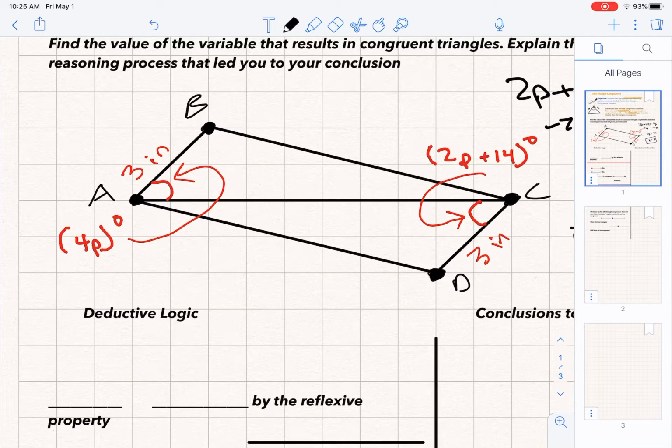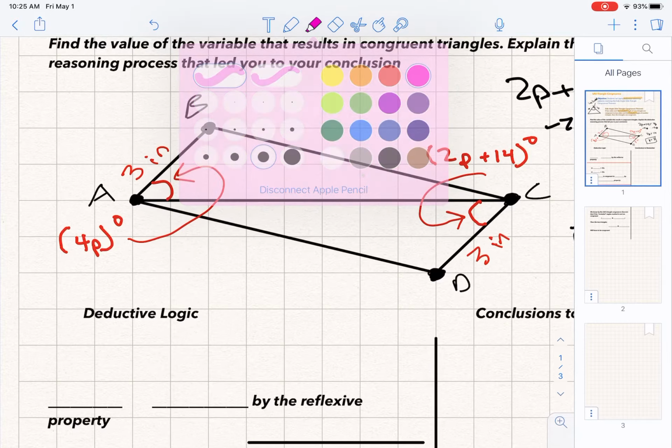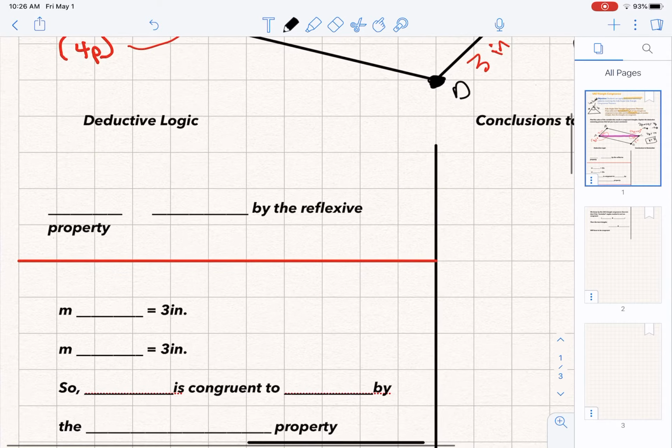First of all, you may have noticed already, and if you haven't, this is a useful thing, that this line that I'm highlighting here, CA, is congruent to itself. This is no shocking conclusion, but it's an important part of the logic.